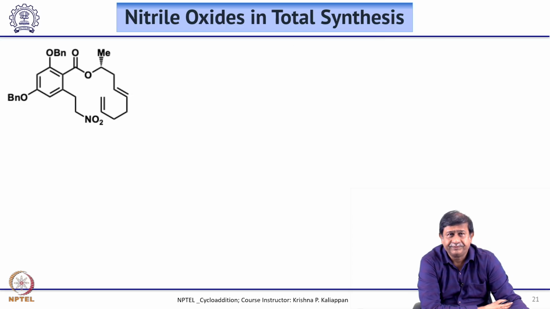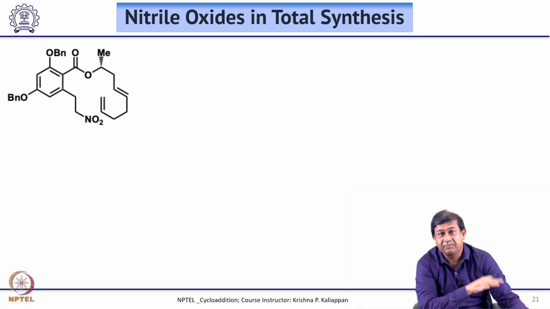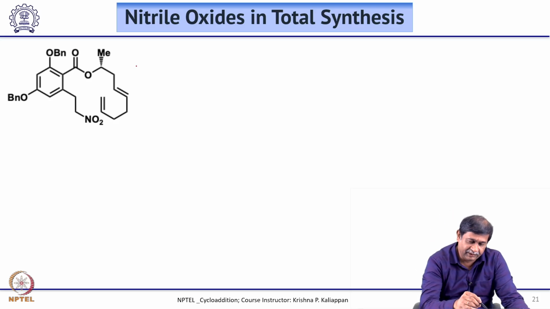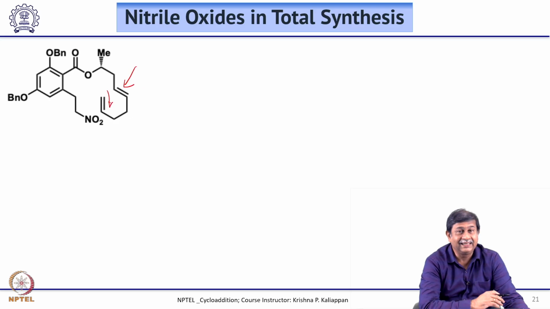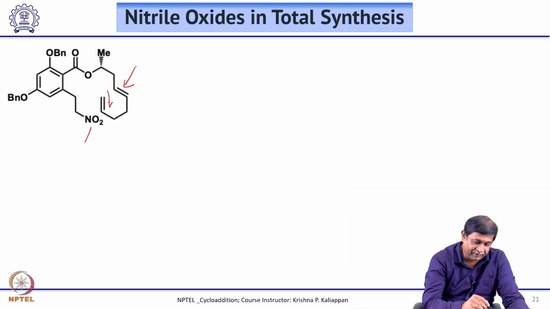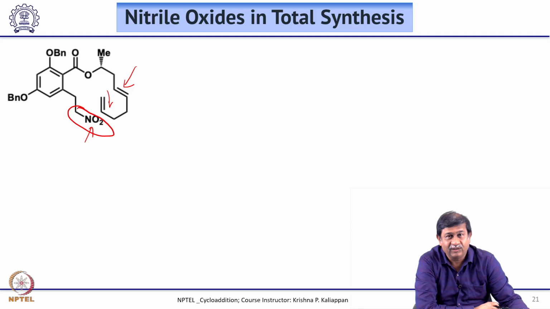So now let us see whether this nitrile oxide based 1,3-dipolar cycloaddition can be used to make a macrocycle. Okay. So here if you look at this molecule, there is an internal double bond and there is one terminal double bond. So both can act as dipolarophile, and you have a nitro group. That means if you treat with an isocyanate or any dehydrating agent, you should be able to make a nitrile oxide.